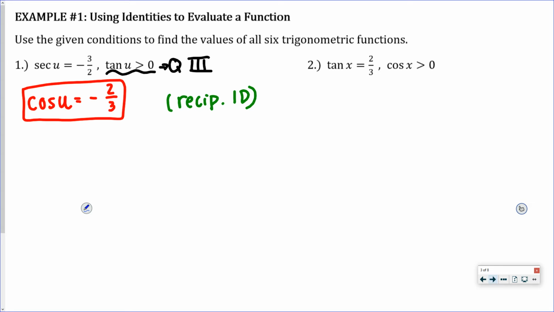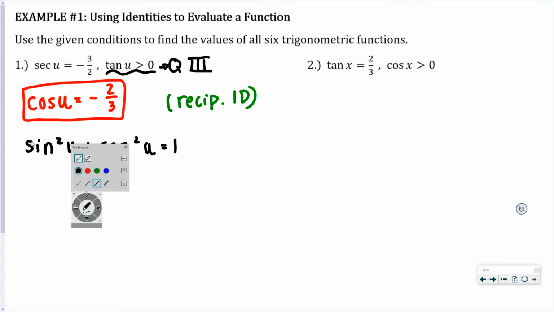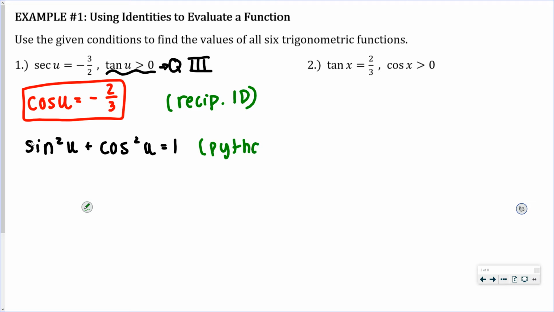So I'm just going to jot it down right here. I know that the sine squared of any angle plus the cosine squared of any angle is always, always, always 1. And that one is just easy to remember. It comes up a lot.